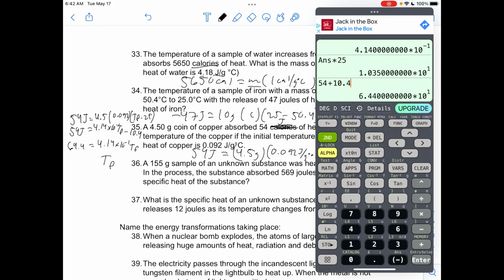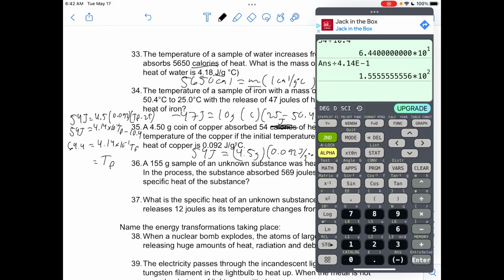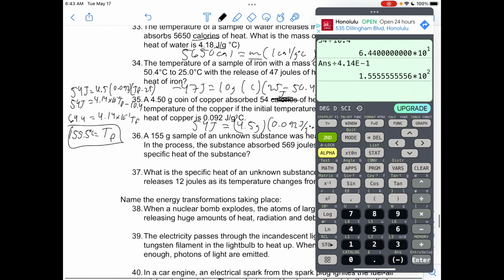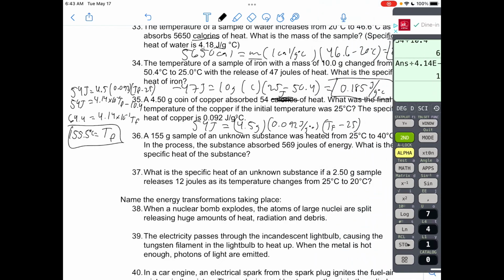And then to isolate TF, I divide 64.4 by 4.14 e negative 1. I get 155.5 degrees Celsius. So that's the final temperature. Okay, a couple more.